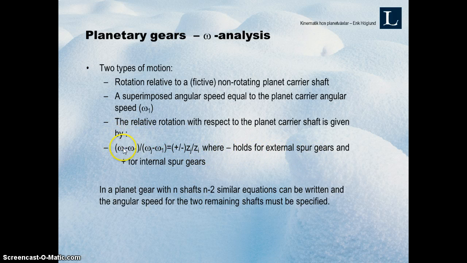And by writing these type of equations, you can determine all the unknown speeds, and in order to do so you must of course prescribe some of the rotational speeds. It turns out that if you have n shafts in the planet gear, you can write n-2 equations, and then the remaining 2 speeds you have to prescribe from start.